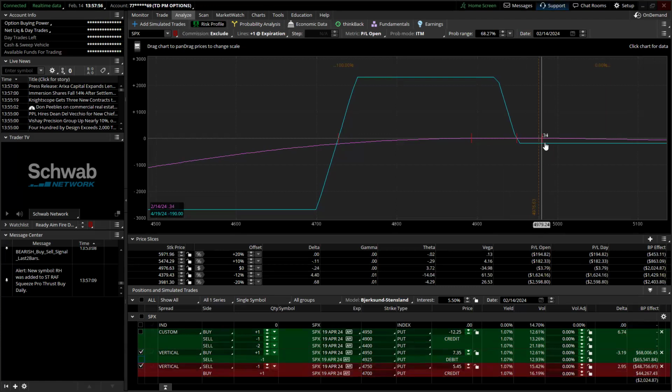And if you don't see that, you can look here, on this light blue number. If we put our mouse over where the upside risk is, the upside risk is $200, and that is the difference between the debit spread and the credit spread. So $200 difference, that's our upside risk. Remember, 112 did not have any upside risk.